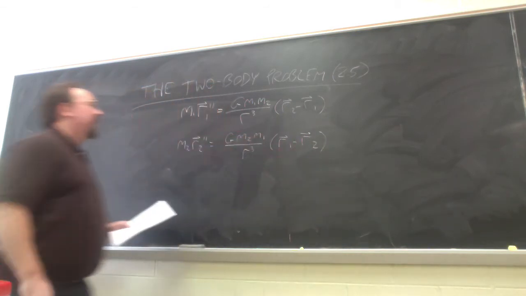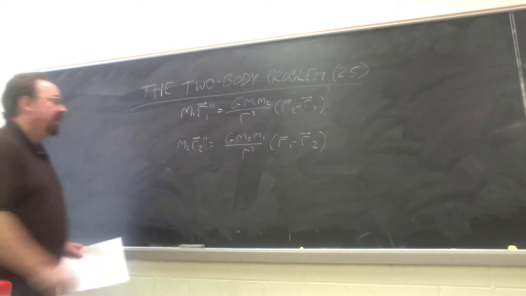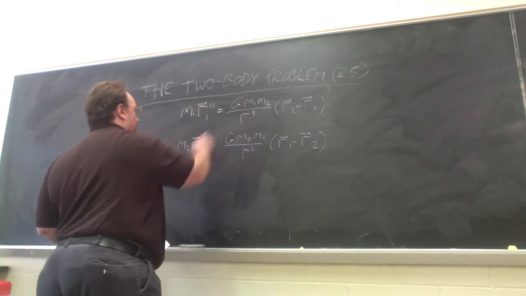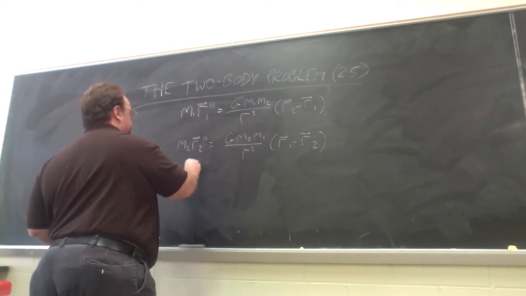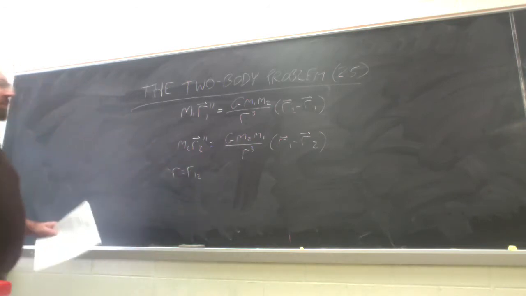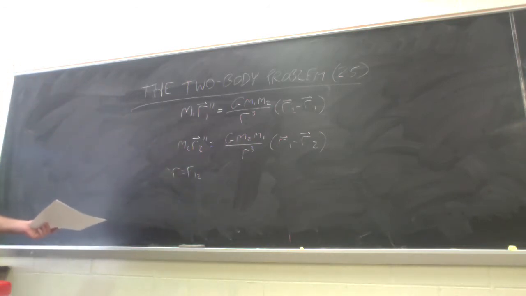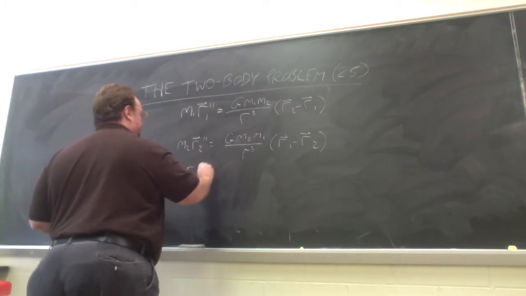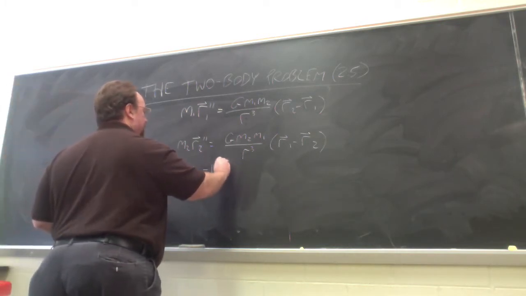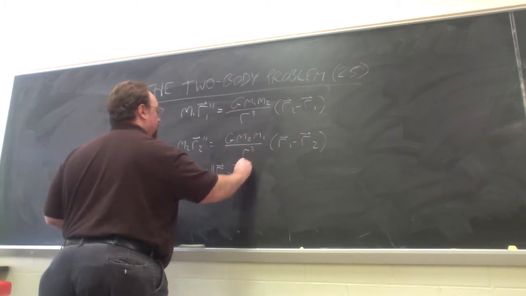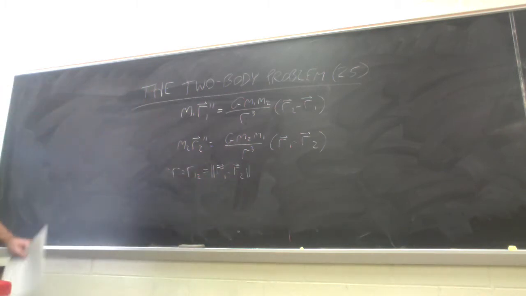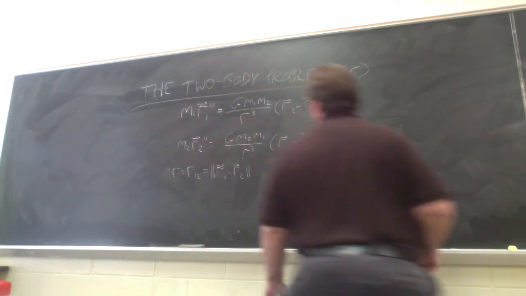Now, the scalar r, which is also known as r12 in the book, but then at some point they changed to r. So let's just have r from the beginning. And that's defined to be the magnitude of r1 minus r2.